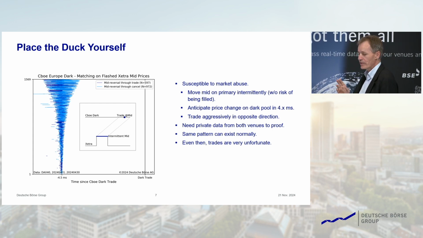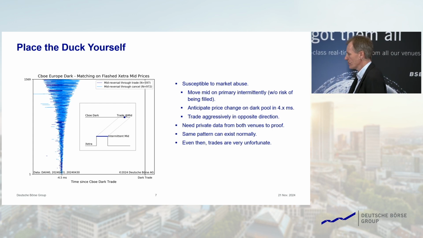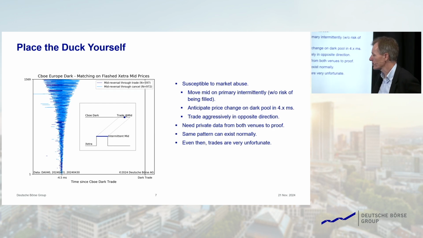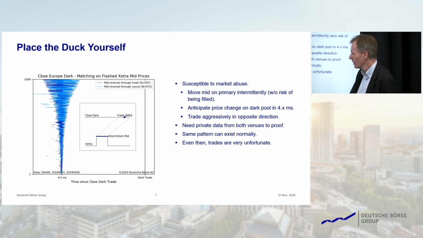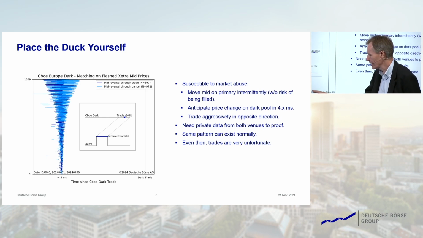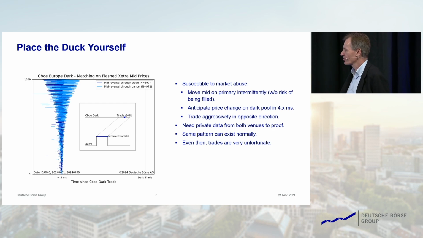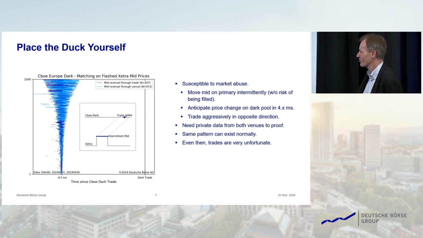So we see at t equals 0, this is a trade on the dark pool, and then we filter for cases where 4.x-ish milliseconds before, we had one of these intermittent mid changes.